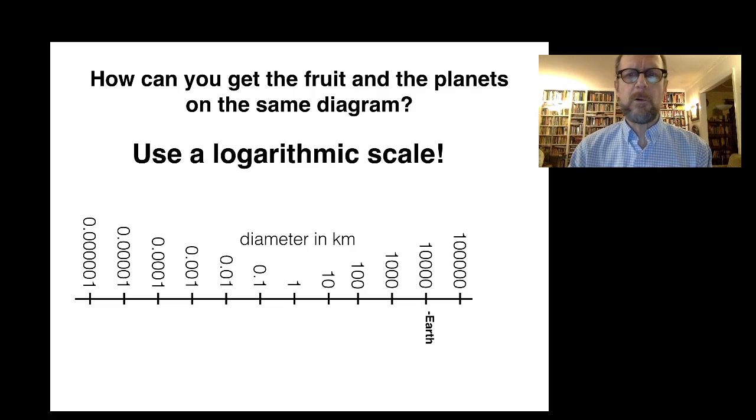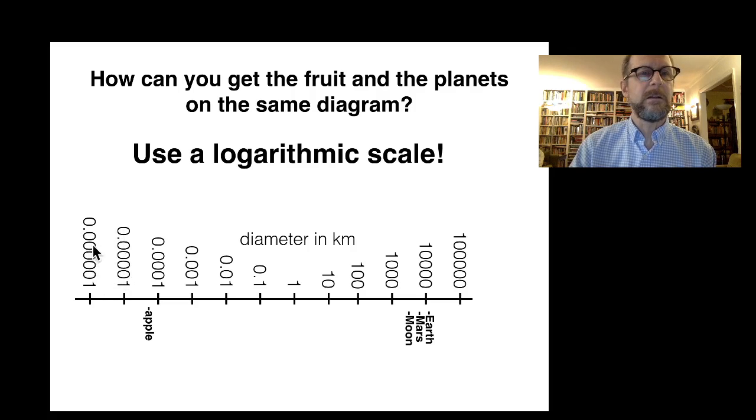And so Earth is going to go here a little bit, it was 12,000 something, remember? The moon was here, and Mars was in between. But on this scale, we can now put an apple. So this is 1 meter. 1/10 of that is 1/10 of a meter, or 10 centimeters. And 1/10 of that is 1 centimeter.